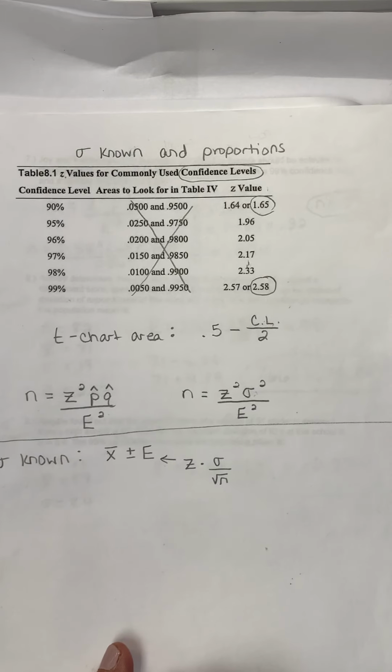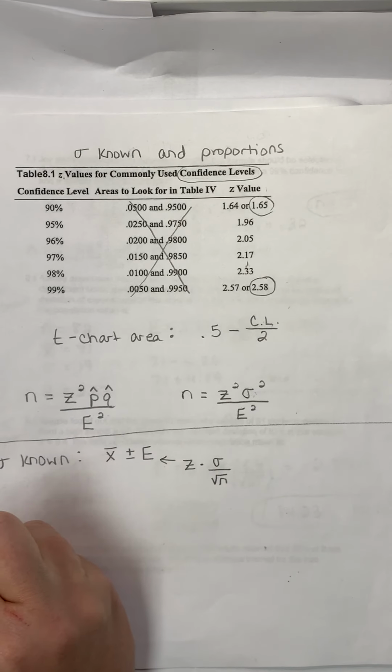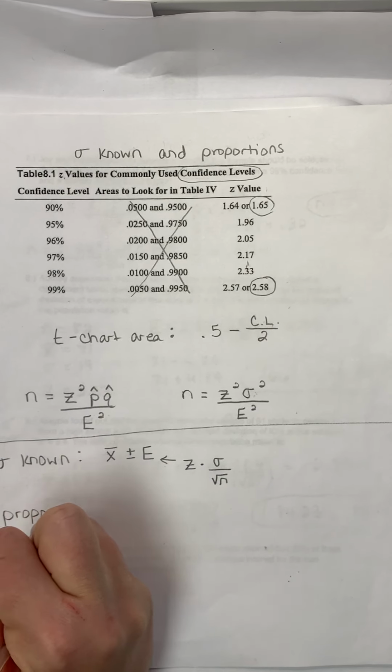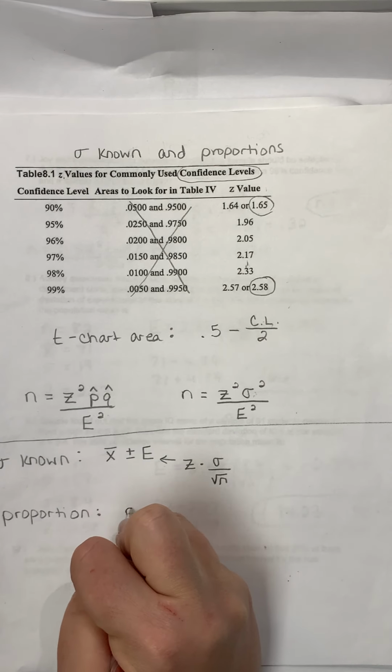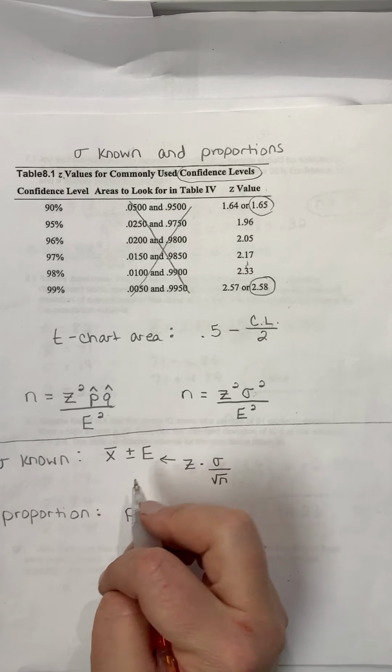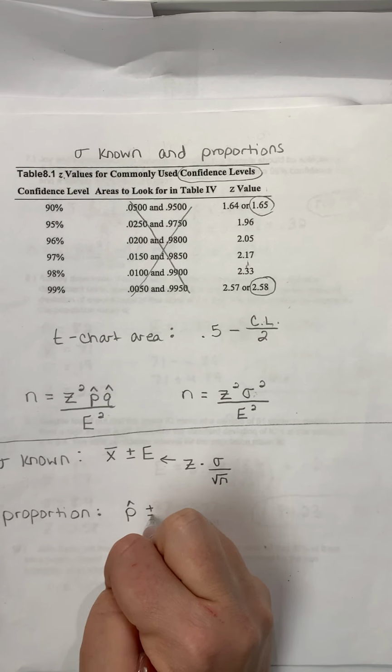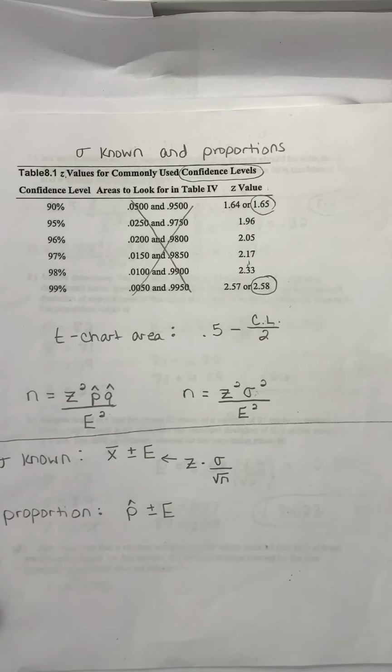Okay, so we are no longer sigma known. Now we are proportions, or P. So instead of X bar plus or minus E, we're going to be P hat plus or minus E. That's what we are instead. So what is our E then?